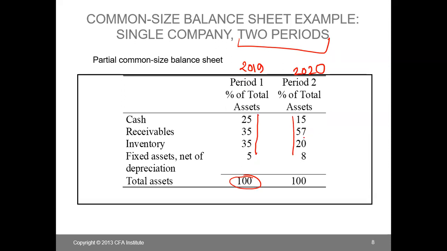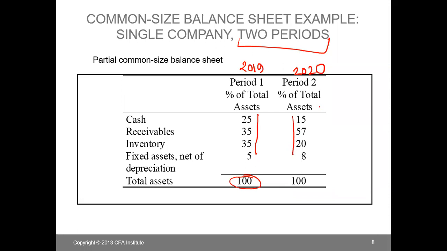You see that from 2019 to 2020, in the asset composition, receivables have increased significantly. The cash, receivables, inventory, fixed asset. So increased from which period? The period 1 or 2019 period, right?